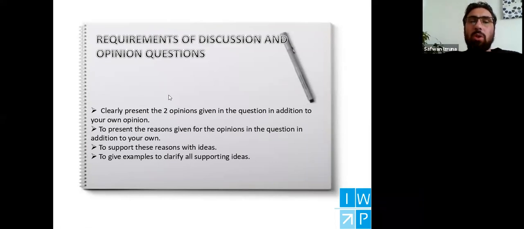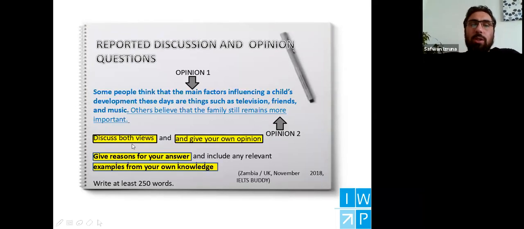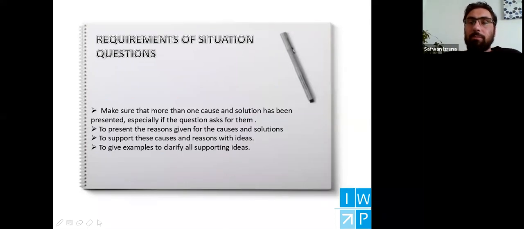So you have three opinions to present, the two opinions in the question and your own. We need to give reasons for these and support these reasons with ideas and examples. So here we have a question, discuss both these views. So this is one point, and give your own opinion. These are two points, and this is a third point. Then we have give reasons for your answer. So we need to give reasons for all of the three opinions and also give examples.